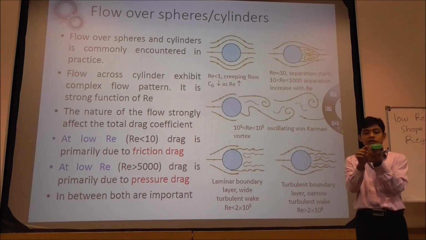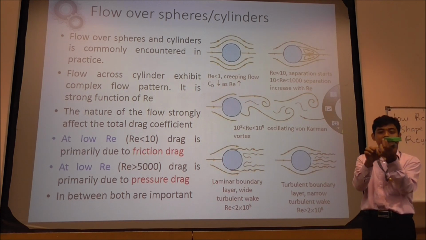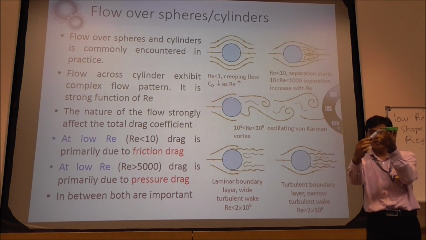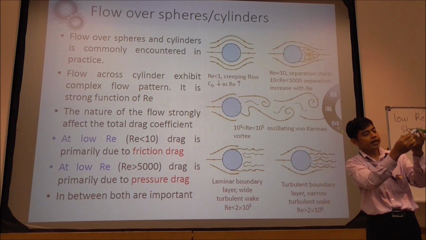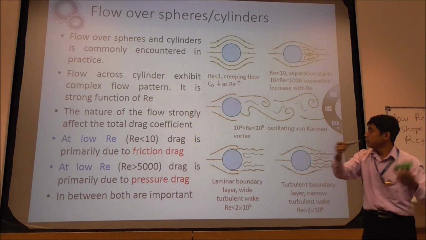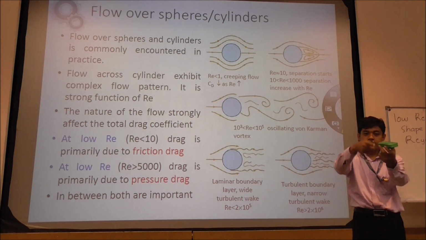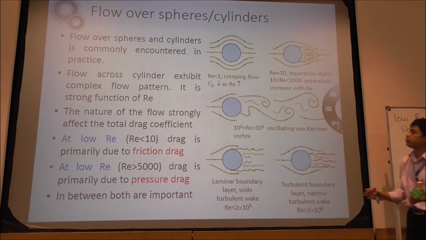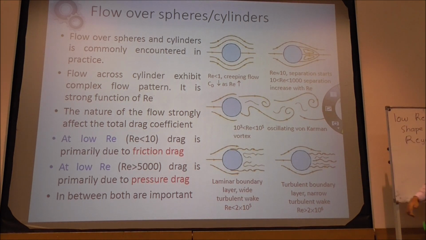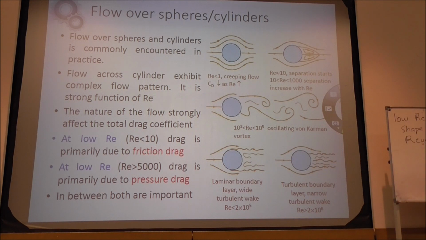It does not want to split, so it just goes into the cylinder, makes contact, and then flows over the cylinder in a nice manner, like you just slip over it. Okay, there is no separation, nothing. When you increase the Reynolds number, separation starts to occur. Okay.